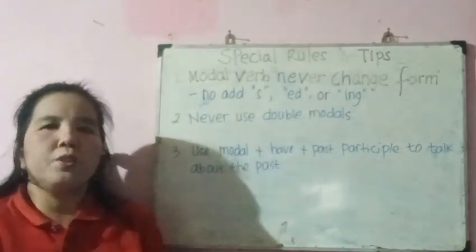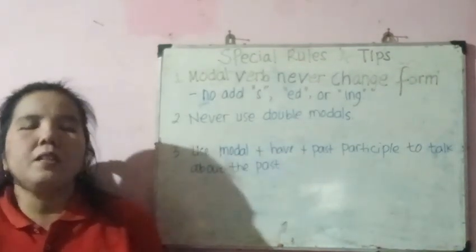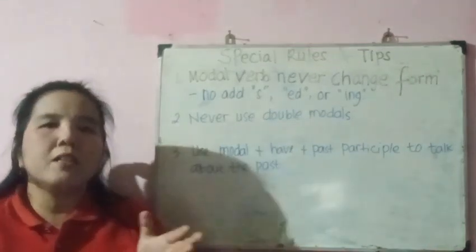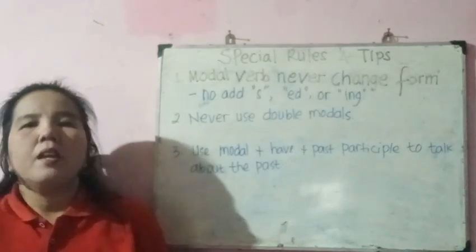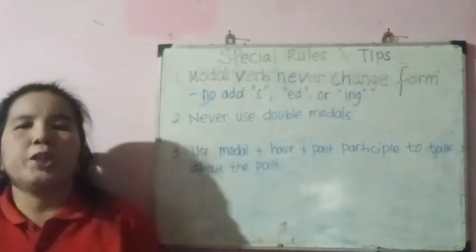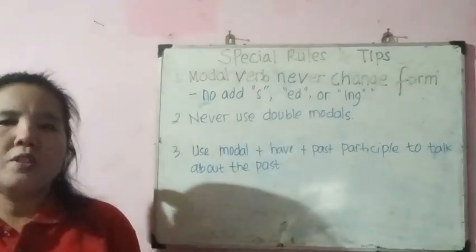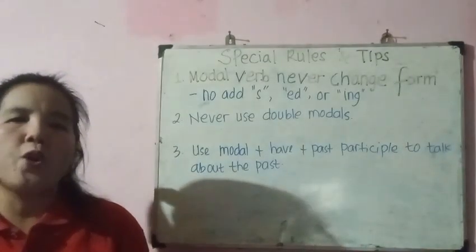If you want to use two ideas like possibility plus ability, you can say "I might be able to help." And the second example, "he may have to leave early." So instead of two modals, use a modal plus a phrase like be able to or have to.